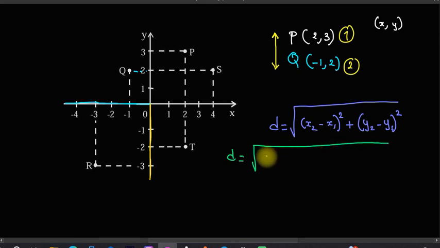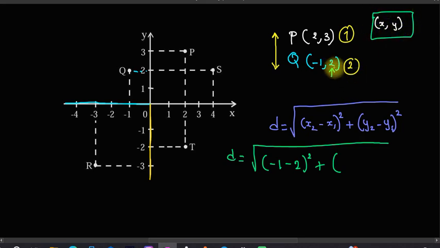square root of x2. What is x2? This is x2 for position 2, right? In brackets -1 minus x1. What is x1? x1 is in position 1, so -2, squared, plus y2. y2 is in position 2, so remember the second one, just from this format.